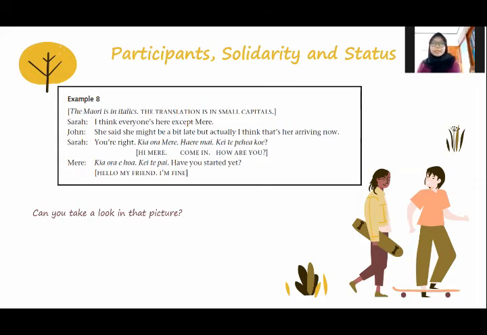The Maori is in italics. The translation is in small capitals. Sarah said, I think everyone's here except Mary. And John answered, she said she might be a bit late, but actually I think that's her arriving now. Sarah said, you're right.